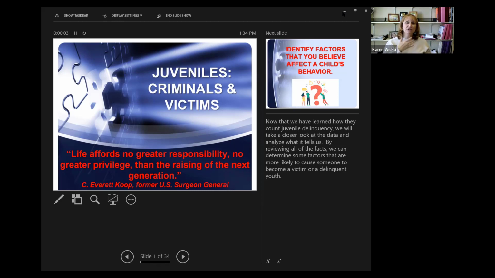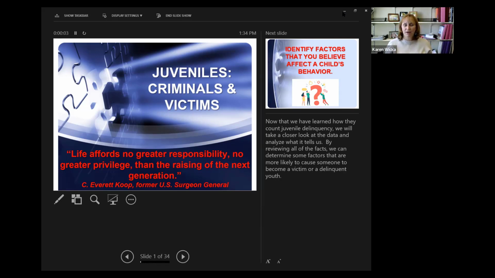Their behaviors or their lifestyle or something that's going on puts them at a higher risk of becoming a victim. So although everybody can be a victim, that doesn't mean everyone has equal risk of being a victim.